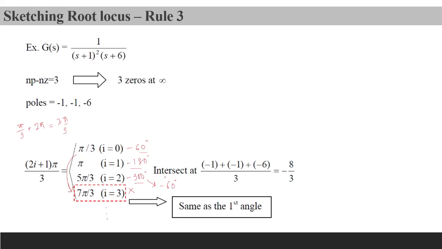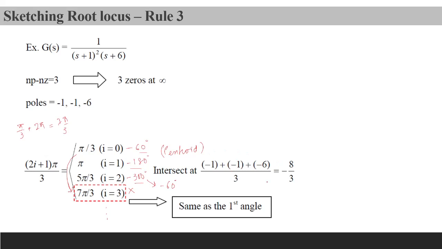For the intersection point, which we call the centroid, we calculate the sum of all the poles, which is -1 plus -1 plus -6, and there are no zeros, so we did not include any physical zeros here.